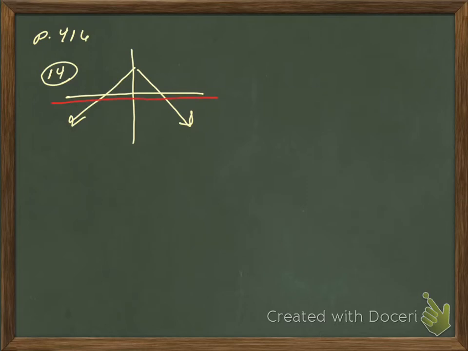The horizontal line test says that if I can find a horizontal line that meets the graph in more than one place, then it's not one-to-one. So it fails the horizontal line test.